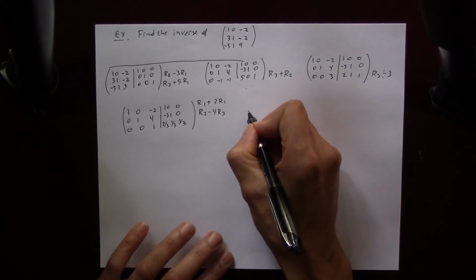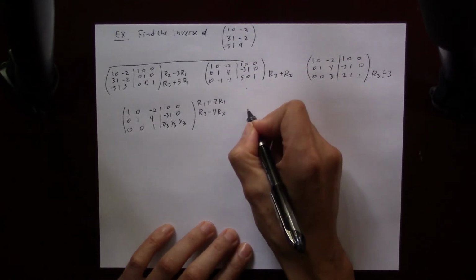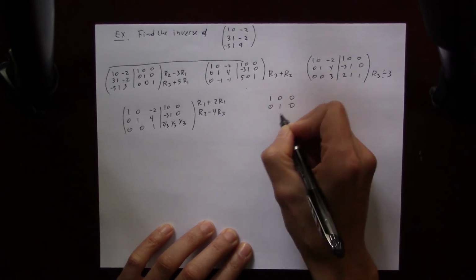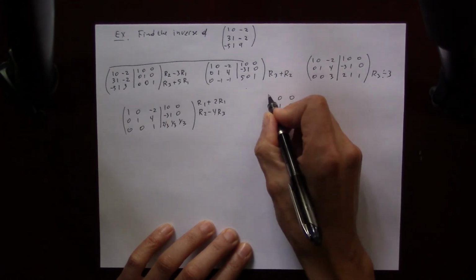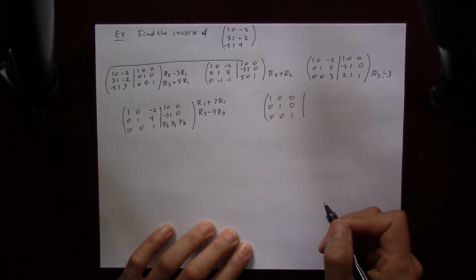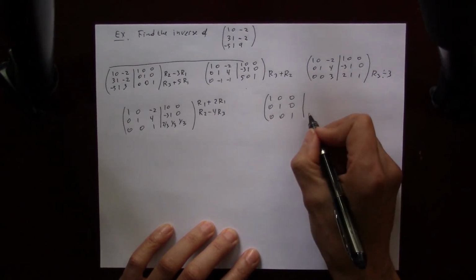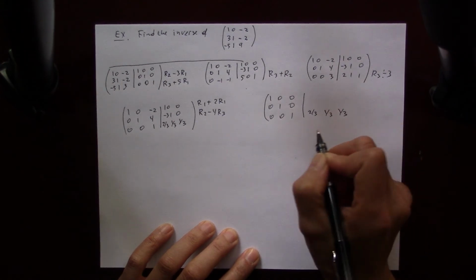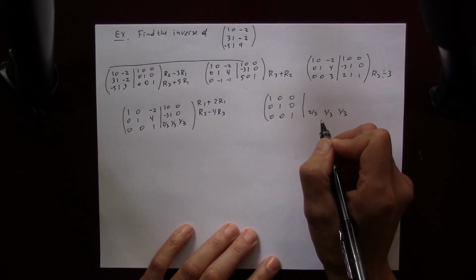So we're going to get 1, 0, 0, 0, 1, 0, 0, 0, 1. So matrix A becomes the identity. On the right, the last row is 1/3, 2/3, 1/3, not changing.